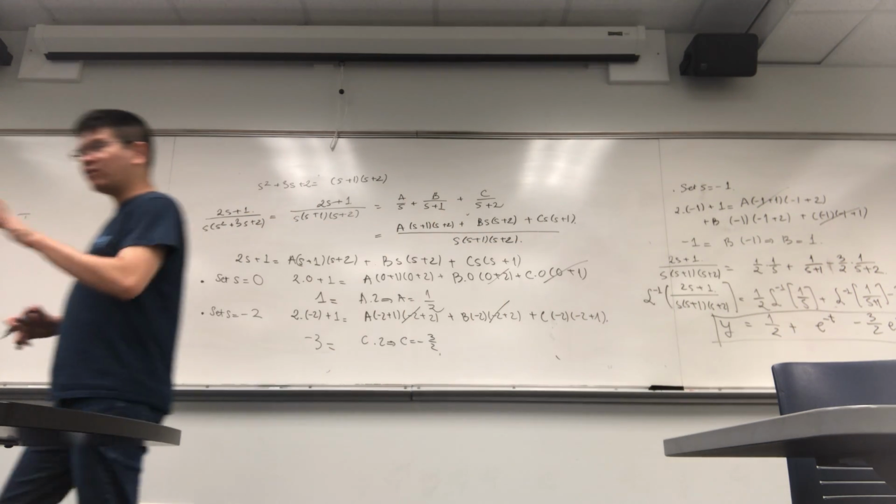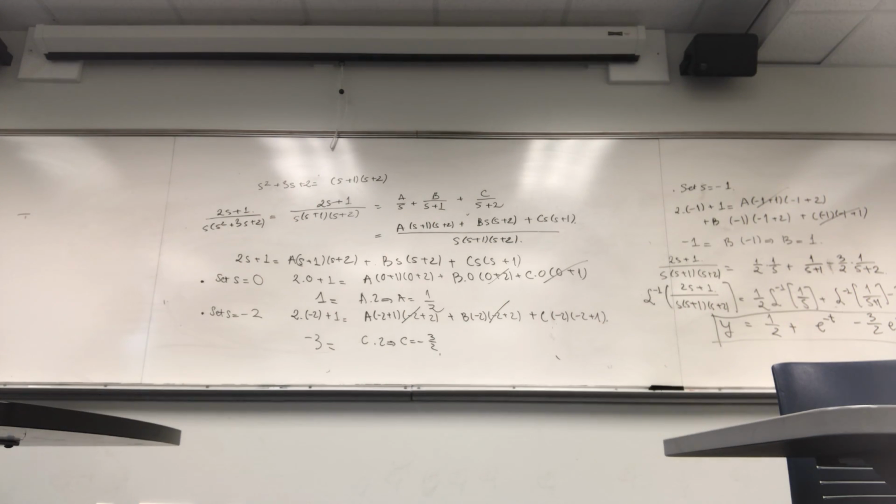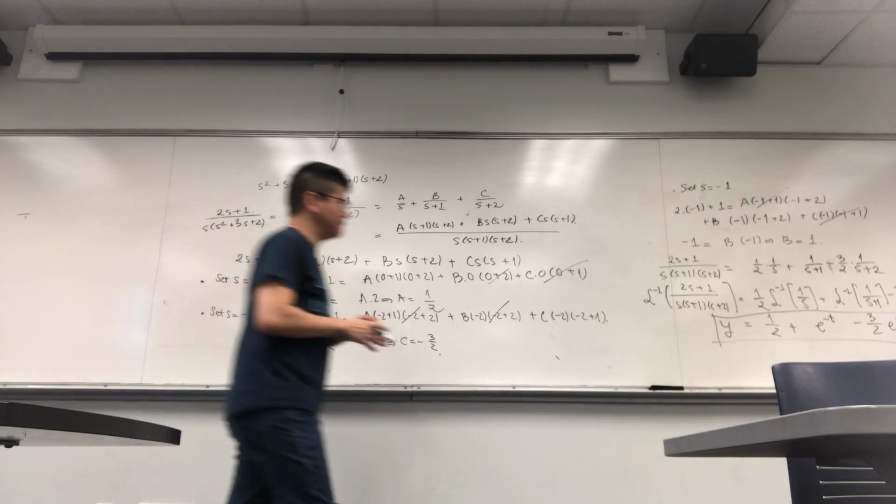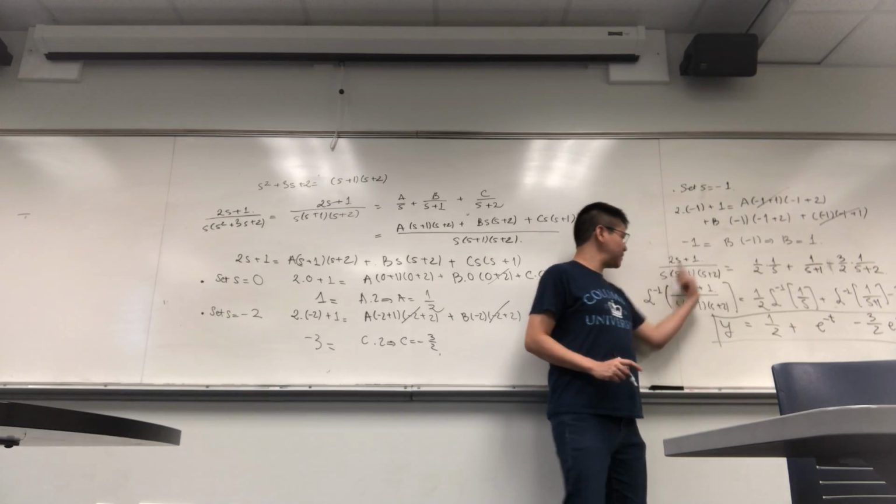Alright, so the key is always to take the Laplace transform of both sides. When you do that, all of the derivatives go away, and the equation returns to a linear equation on the Laplace transform. Once you compute the Laplace transform, you have to do the inverse Laplace transform, right? So in this case, I have to do this inverse Laplace transform.